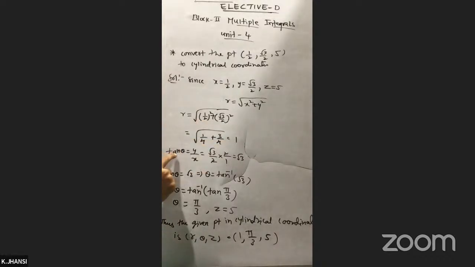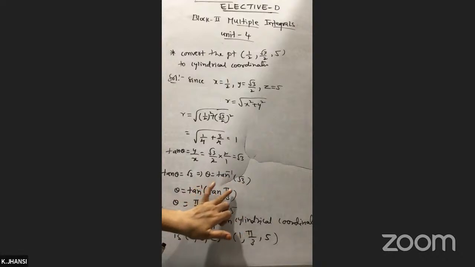So we know tan theta is y by x. Y and x are given in the question. Substitute those values, so you get tan theta equals root 3. For what value of theta will you get root 3? Tan 60 degrees is root 3. So in place of root 3, substitute tan pi by 3.